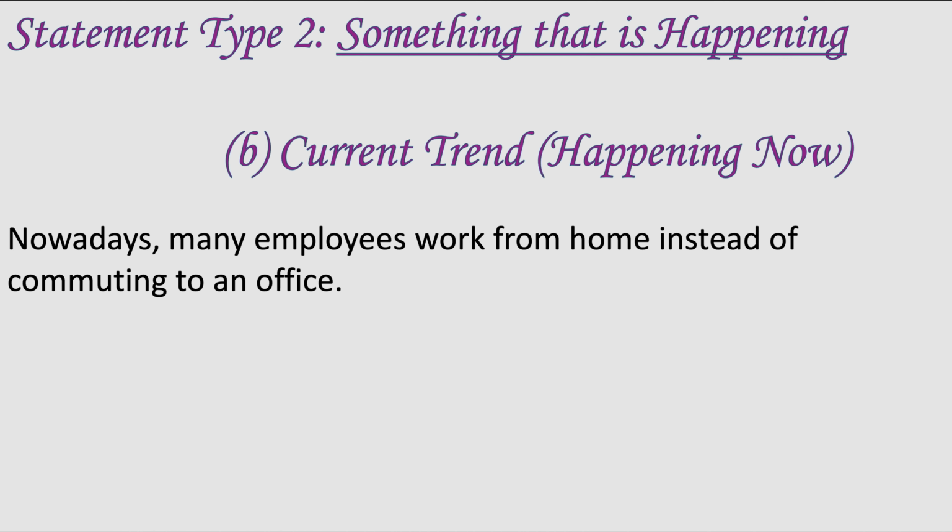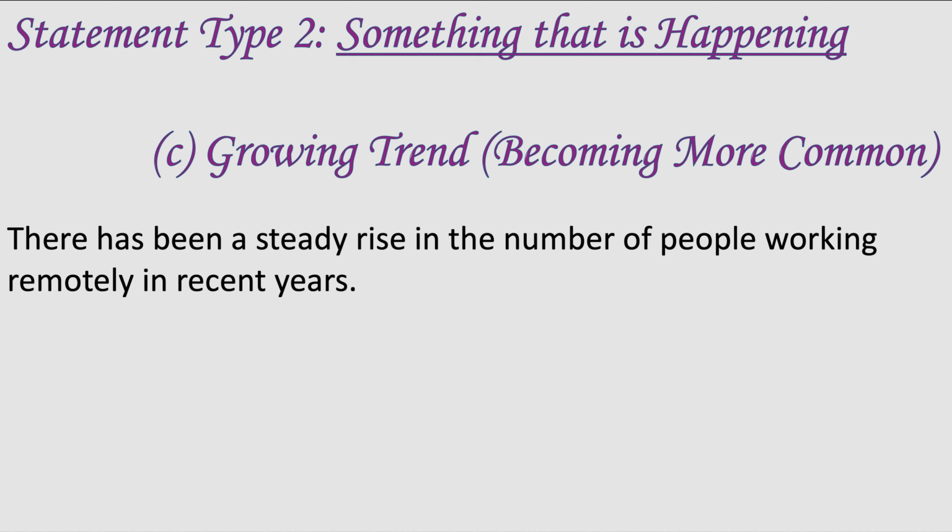Next is a current trend, something that's happening nowadays. It focuses on the present but doesn't mention growth. And finally, a growing trend. This shows that something is increasing over time. Here it says more and more people are working from home.